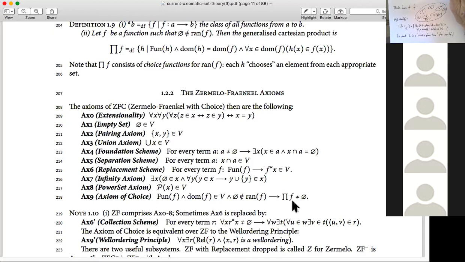So that's one formulation of the axiom of choice. Implicitly in here, there's no quantification written down, but this is supposed to be an axiom for each f that I can think of.